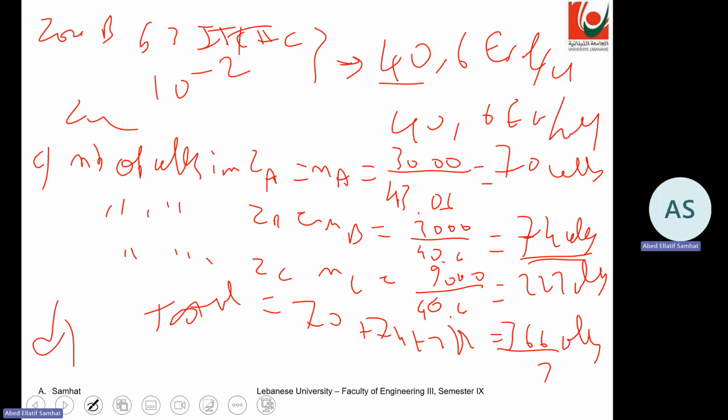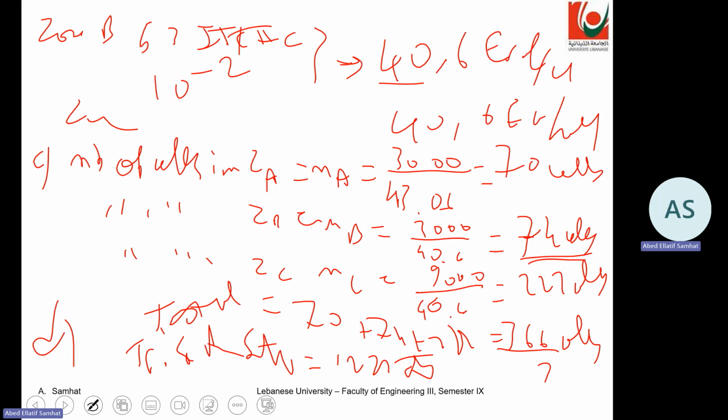But typically, when we are designing sites in a cellular system, we use a 3 sectorial site, so we should divide by 3. With a 3 sectorial site, it will be around 122 sites. If we have monosite, this means that we have one cell per site. In this case, we have 366 sites, okay?